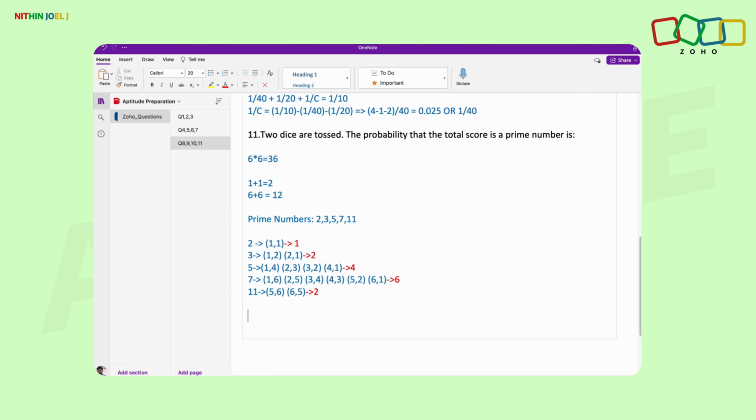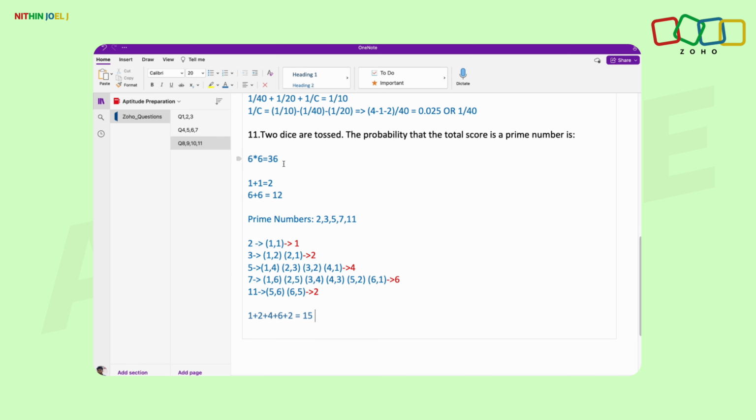If we sum all of this, we will get our answer, which is 1 plus 2 plus 4 plus 6 plus 2, which is equal to 15. In the question they have clearly mentioned to find the probability that the total score is a prime number, right?